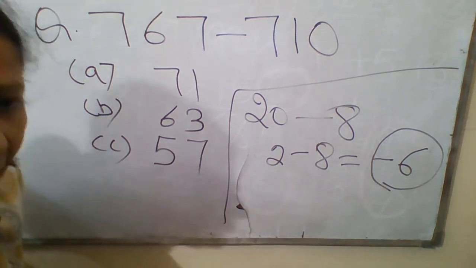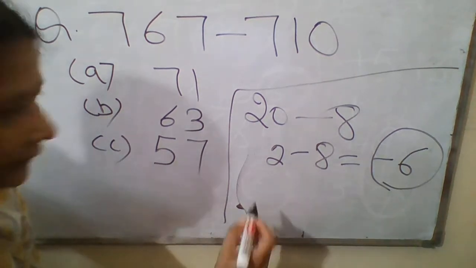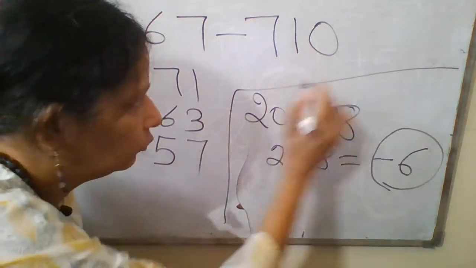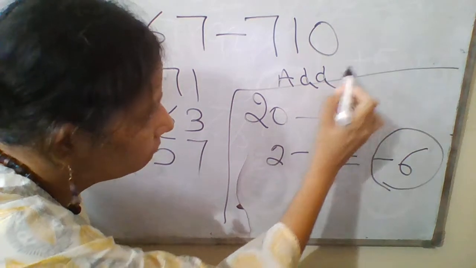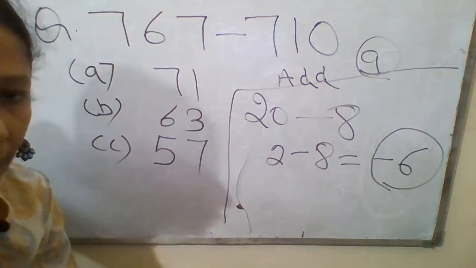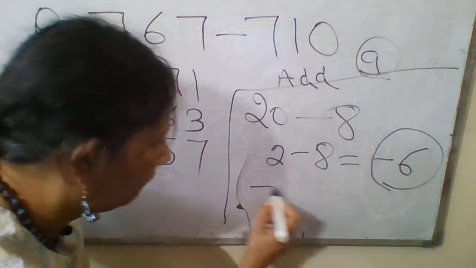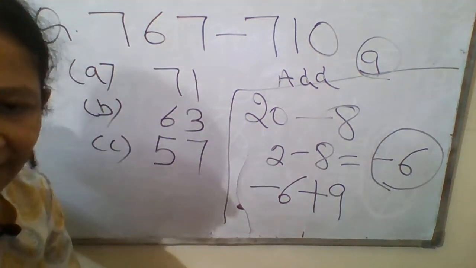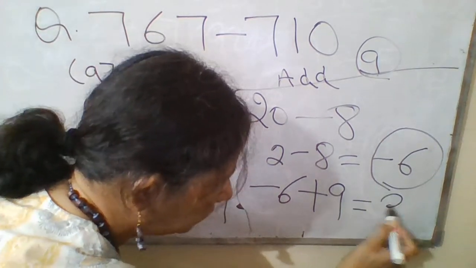Now I have to make it positive. So how will I make this negative DR positive? This is minus 6. I have to add 9 here. Okay, I have to add 9 to this. Minus 6 plus 9, you can find out, that is equal to 3.